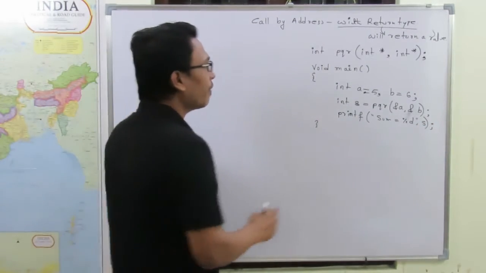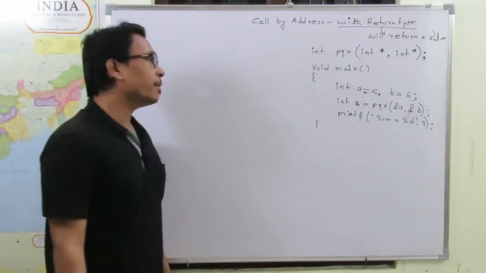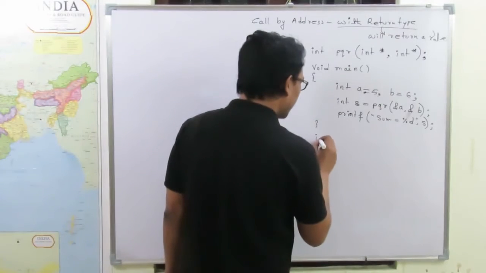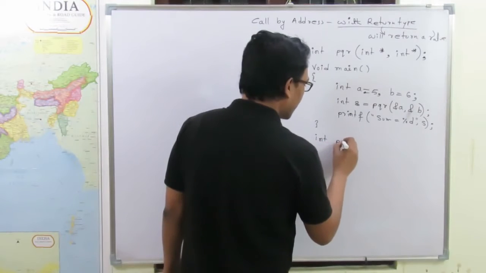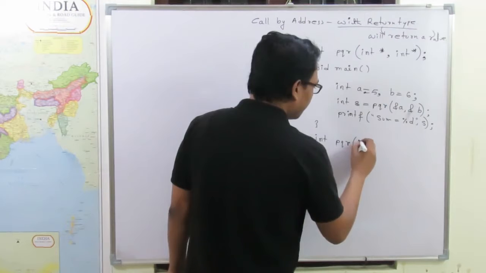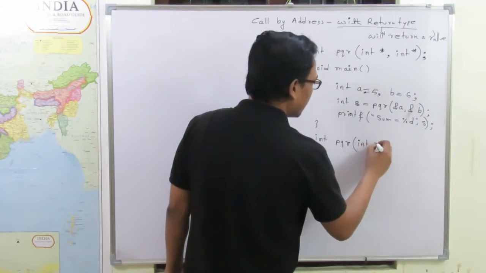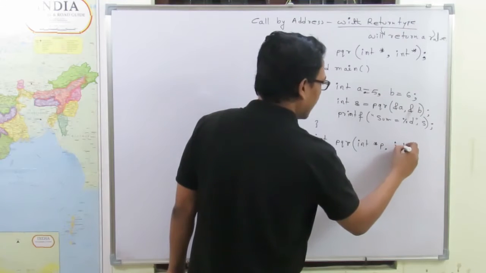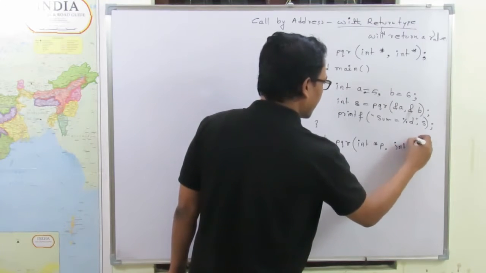Next we need to define the user defined function pqr. So let's do it. Int is the return type, the function name is pqr, and then int *p, int *q.